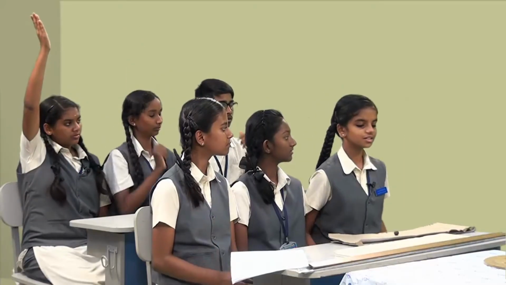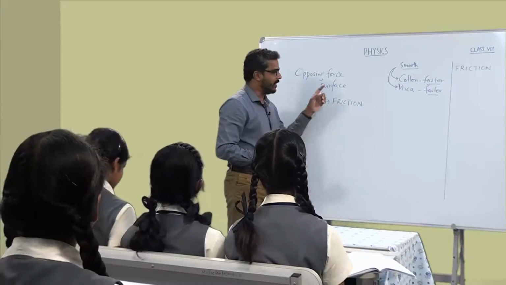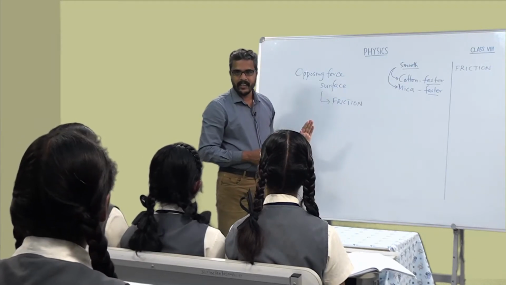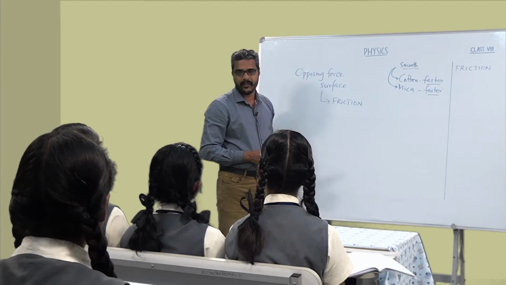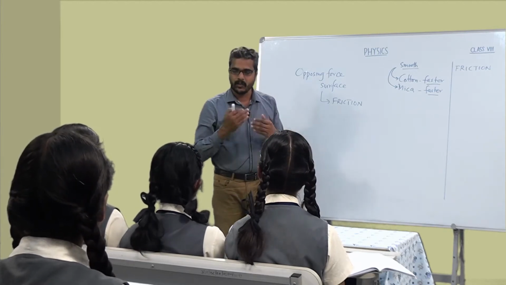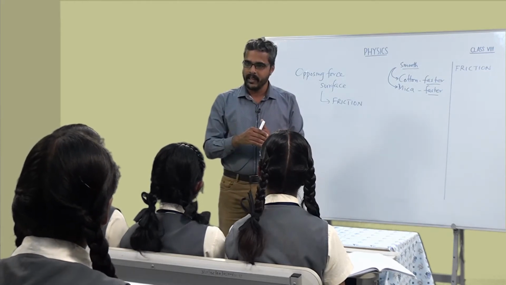Sir, on the smooth surface we experience less friction. On the other hand, on a rough surface we experience more friction. Excellent. Thank you. The smooth surface gives less friction, whereas the rough surface provides more friction. That is why on the smooth surface it was moving faster, and on the other one it was not.